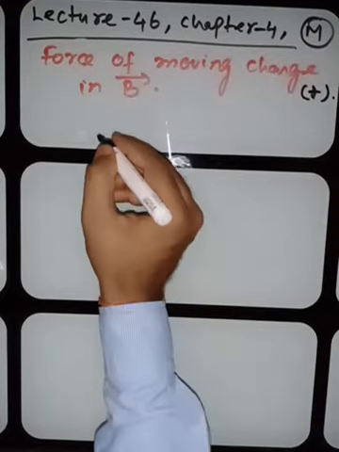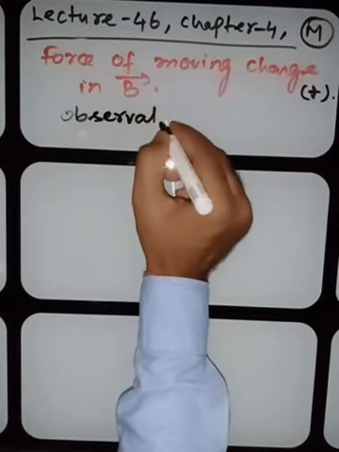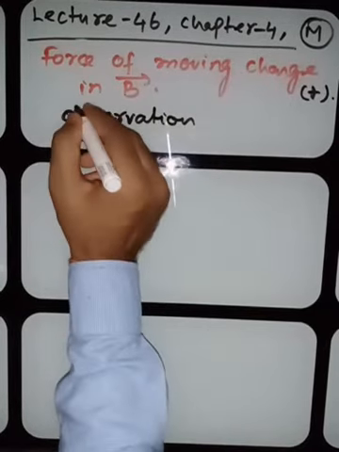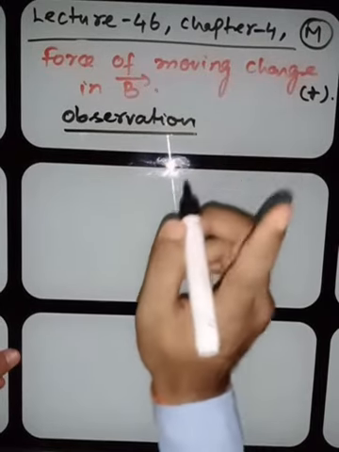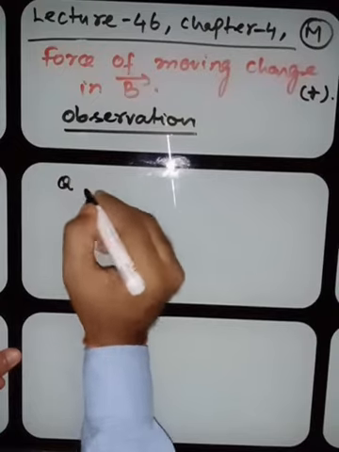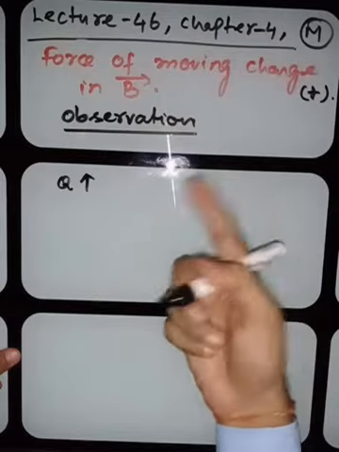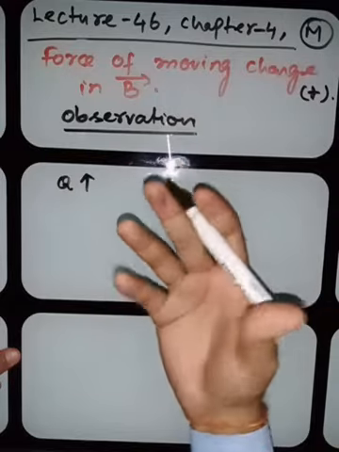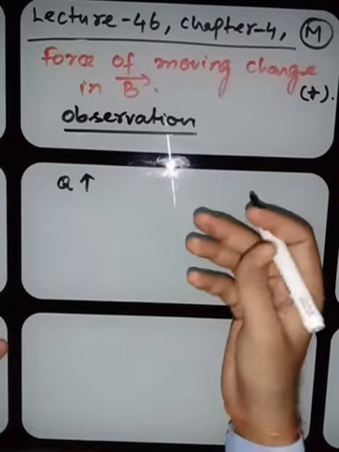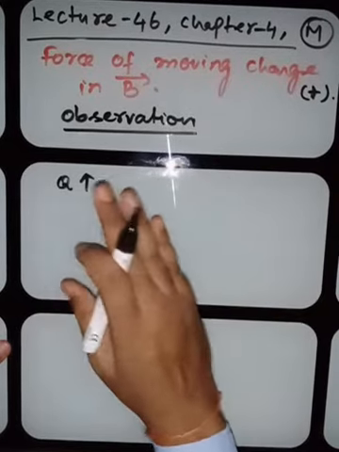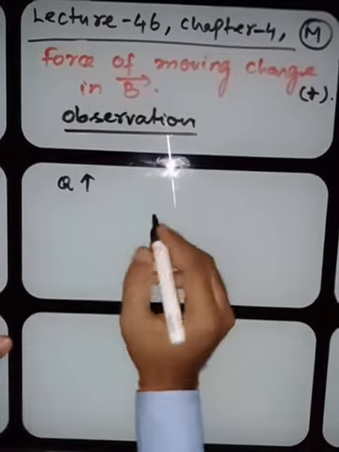Now, what was the observation? I am writing here: observation. The observation was, as the amount of charge increases, this was a very simple experiment, and you can do it if you have some lab available.